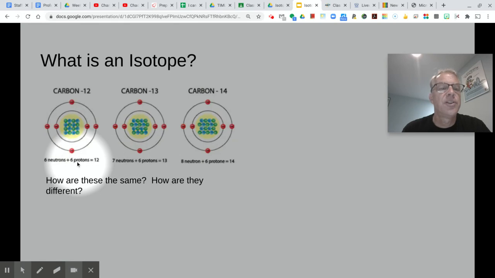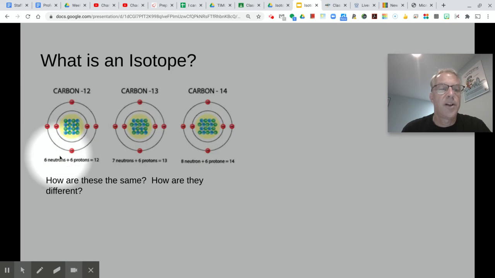So if you look, 6 protons for this carbon atom, 6 protons for this carbon atom, and 6 protons for this carbon atom. The atomic number is always the same. Change the atomic number, change the number of protons, and you completely change the element to a different element with different physical and chemical properties. What is different, though, is what else is in the nucleus, the neutrons.